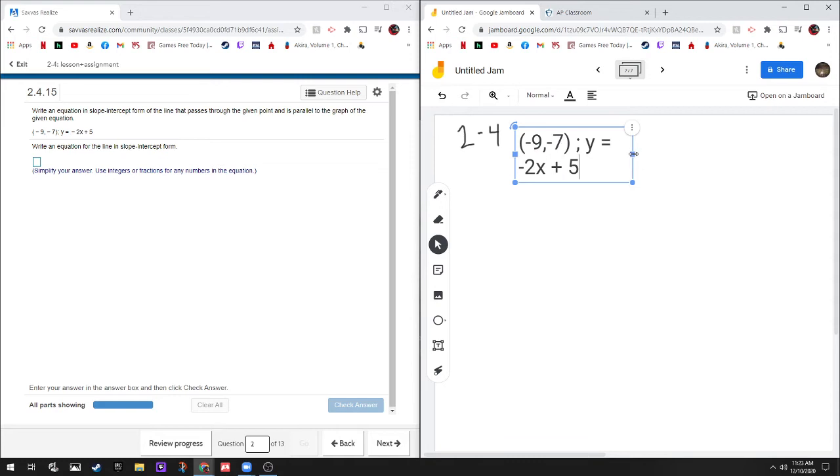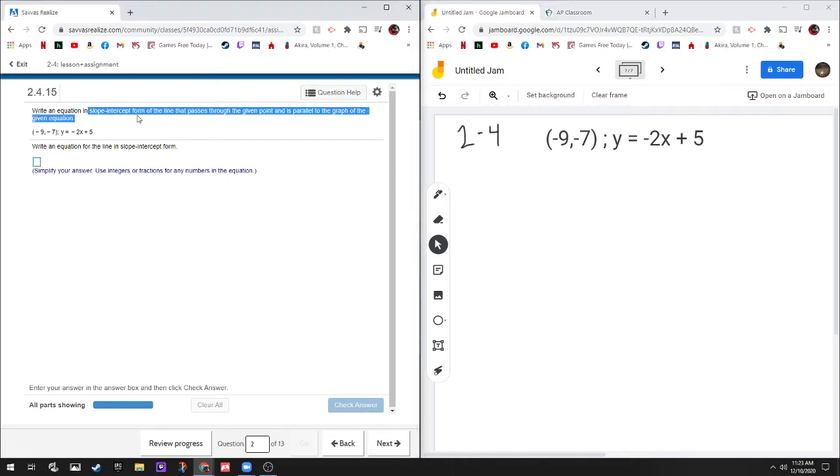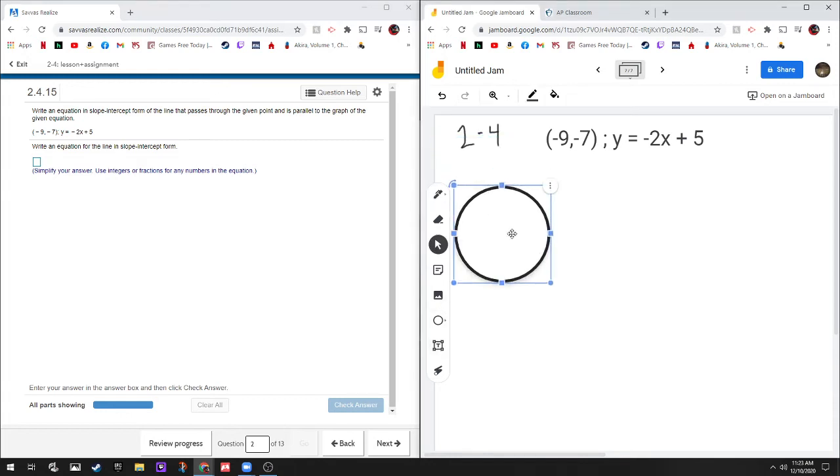Remember, you're allowed to work along with me as I do this. My numbers will be different than your numbers, but the ideas are all the same. This says write an equation in slope-intercept form of the line. Remember, slope-intercept form is y equals mx plus b.